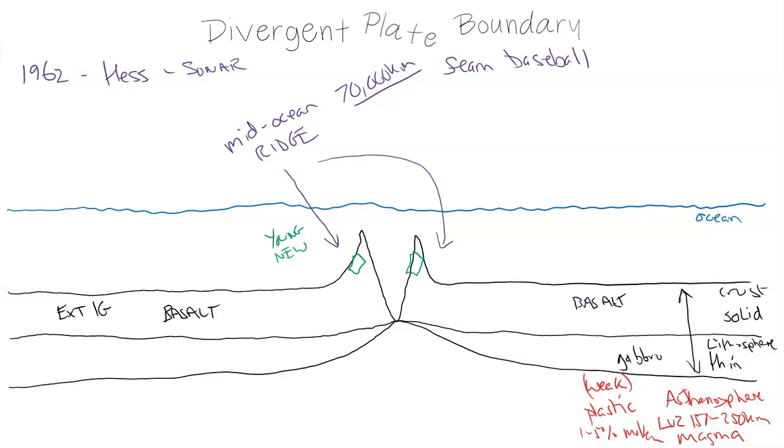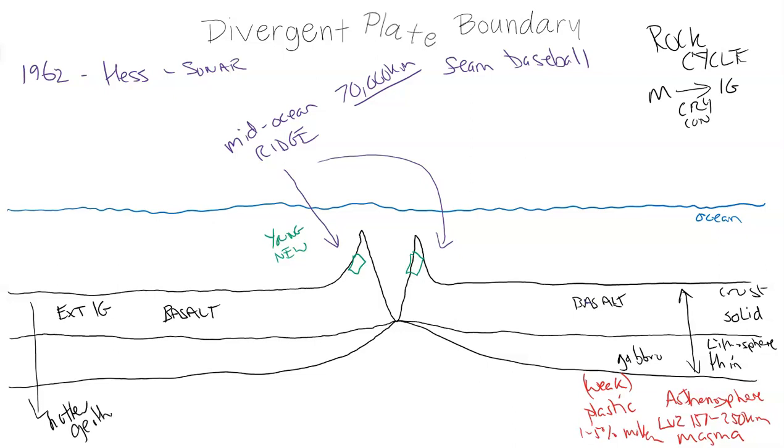Now, you can go back to the rock cycle and mention the magma to igneous rock formation with crystallization, consolidation, and cooling. And you can also go back into the Earth's interior and state that the deeper you go, the hotter the temperature, which is the geotherm.